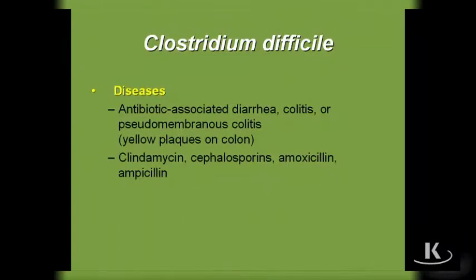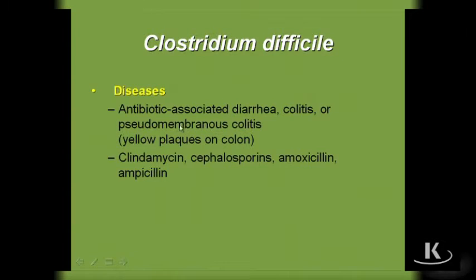And when it starts to grow in high titers like that, it starts to make the toxin. And it's the toxin that really is the precipitation of pseudomembranous colitis in this case. It's toxin mediated. So the disease is antibiotic-associated or pseudomembranous colitis.